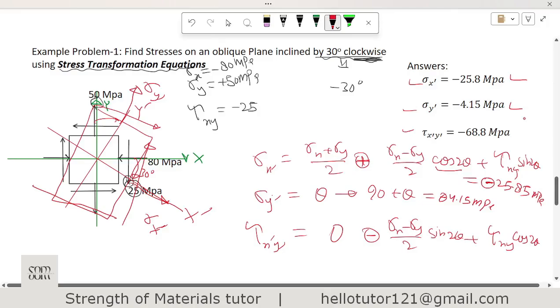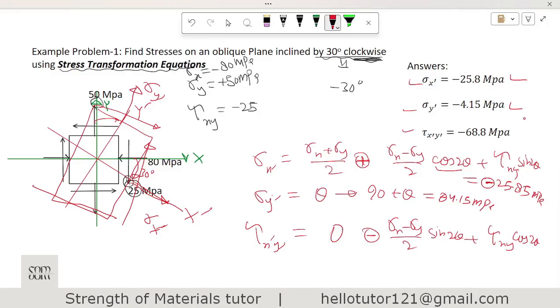Then let us find the shear stress on the rotated axis. Negative (minus 80 minus 50)/2 sine of minus 60, minus 25 cosine of minus 60.